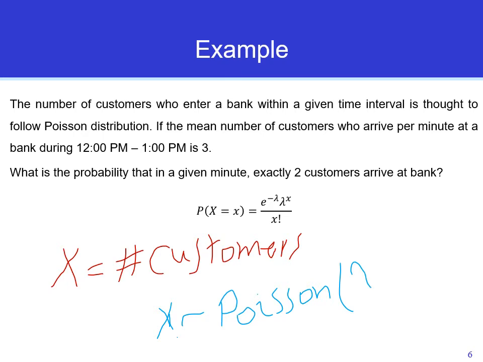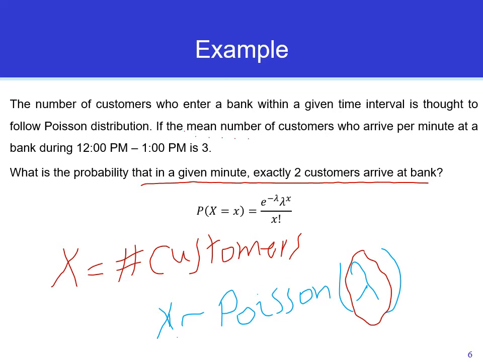And we show this by lambda. Lambda is the average or the expected number of successes here. So we need to figure out what lambda is. The problem is asking what is the probability that in a given minute exactly 2 customers arrive at a bank. Okay, and we now need to figure out lambda.